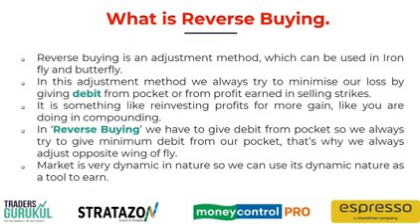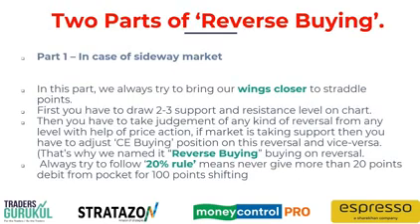Okay, so market is very dynamic. There are two main parts in reverse buying. In this method there are two main parts, because as I told, market is very dynamic. You don't know whether market will remain sideways or give any kind of directional move. We don't know, but we have to be prepared for both kinds of scenario.